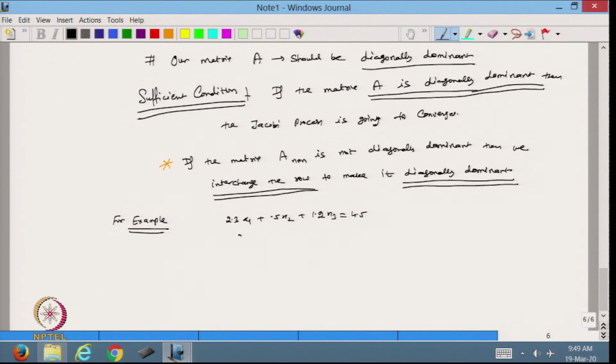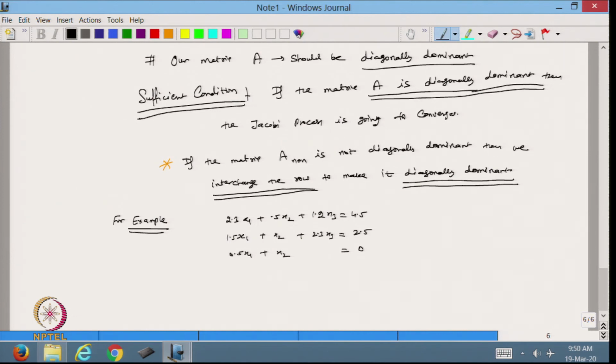Then x1 plus x2 minus 2.3 x3 is equal to 2.5, then 0.5 x1 plus x2, and this is equal to 0. Suppose I take this one.